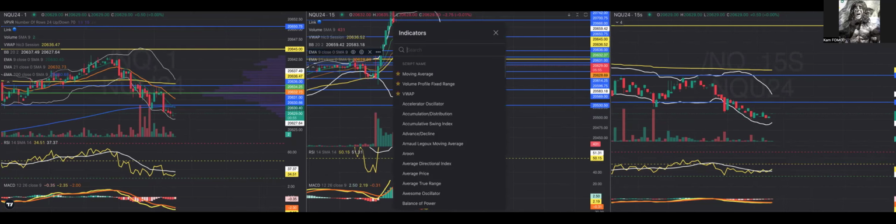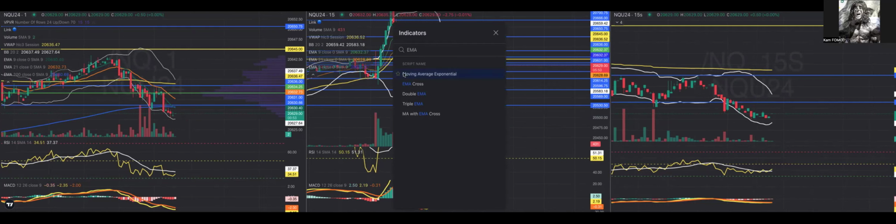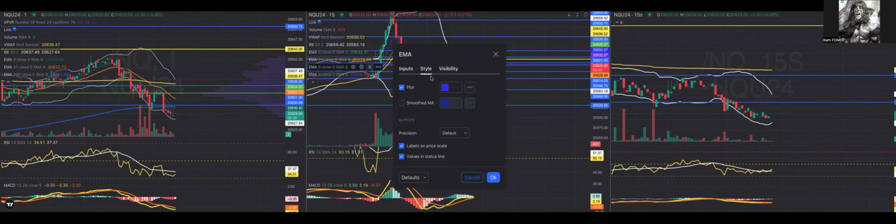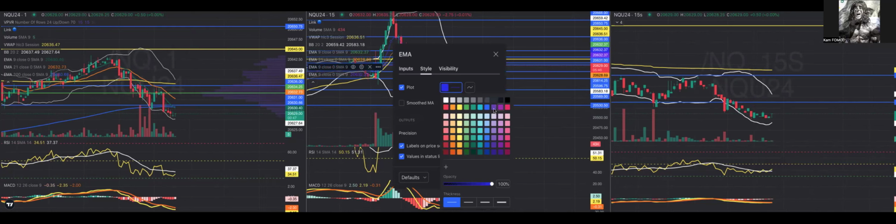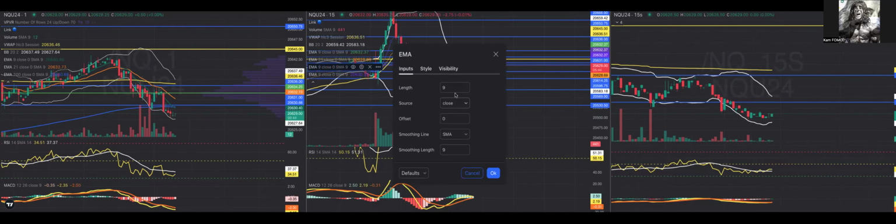The 50, which is purple. Purple, the 50, and then 200. And VWAP, of course, is right there.